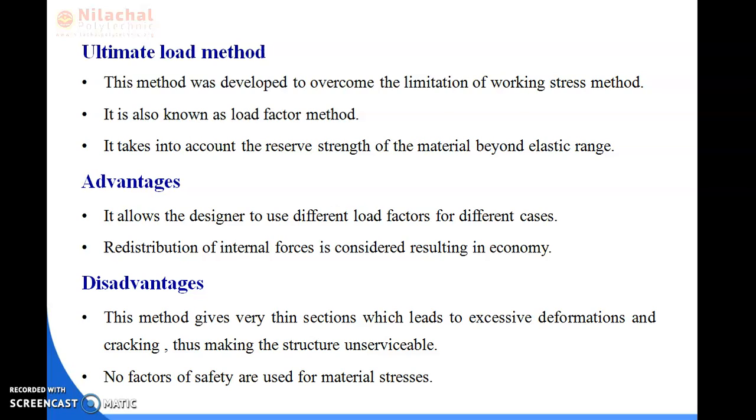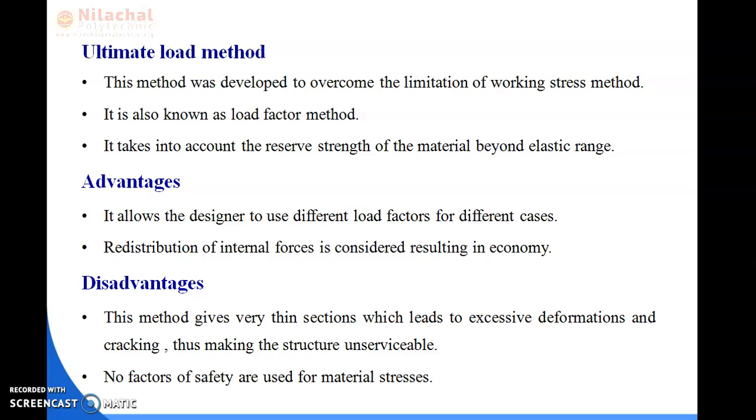Then, redistribution of internal forces is considered, resulting in economy. We can consider the internal forces produced in the structure during loading, and this results in good economy. Next are the disadvantages of the ultimate load method.